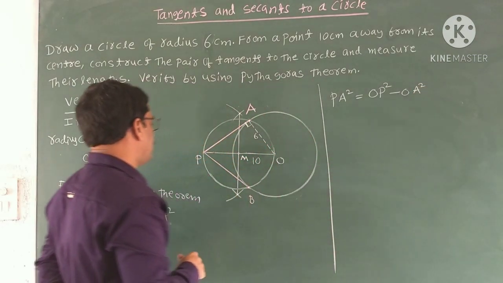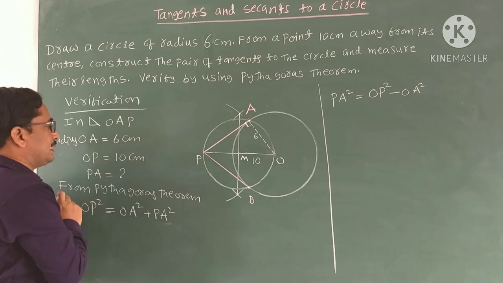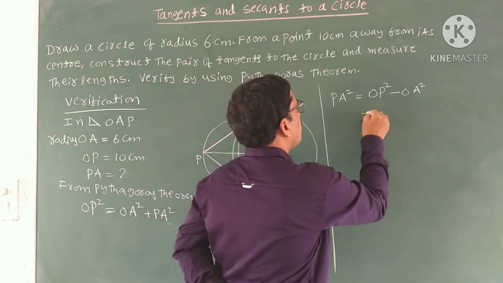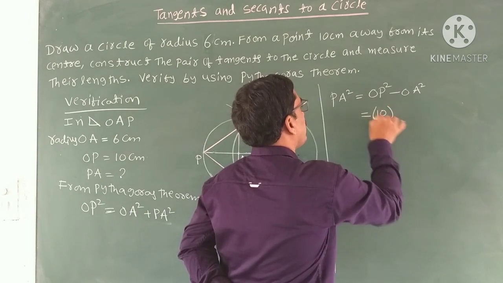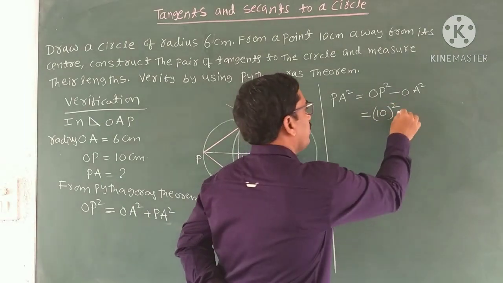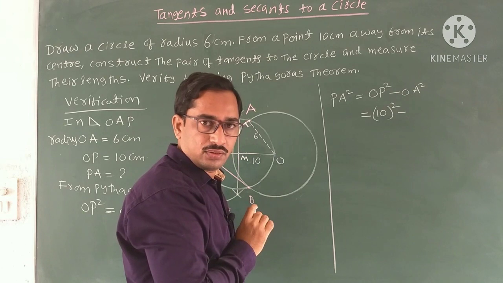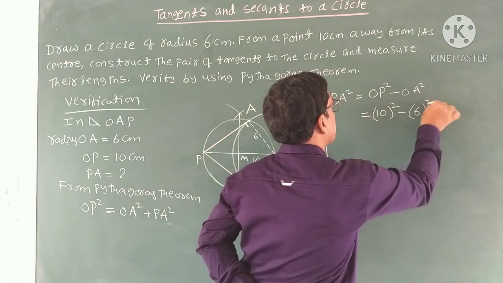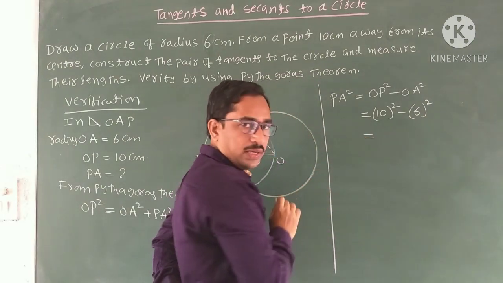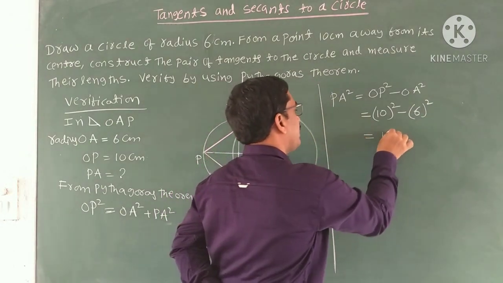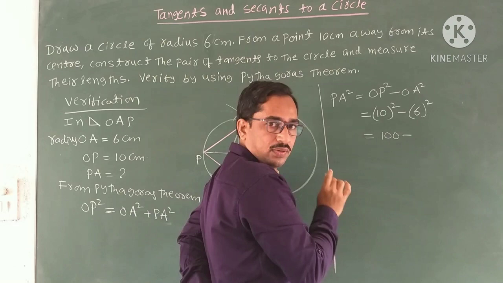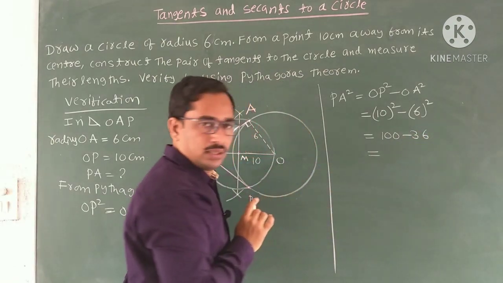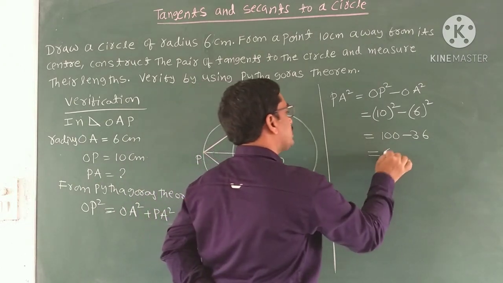Now substitute the values. OP value 10 centimeters, OA value 6 centimeters, it is given. So OP square means 10 square minus OA square, OA value is given 6, so OA square means 6 square. So 10 square means 100 minus 6 square means 36. 100 minus 36 is 64.